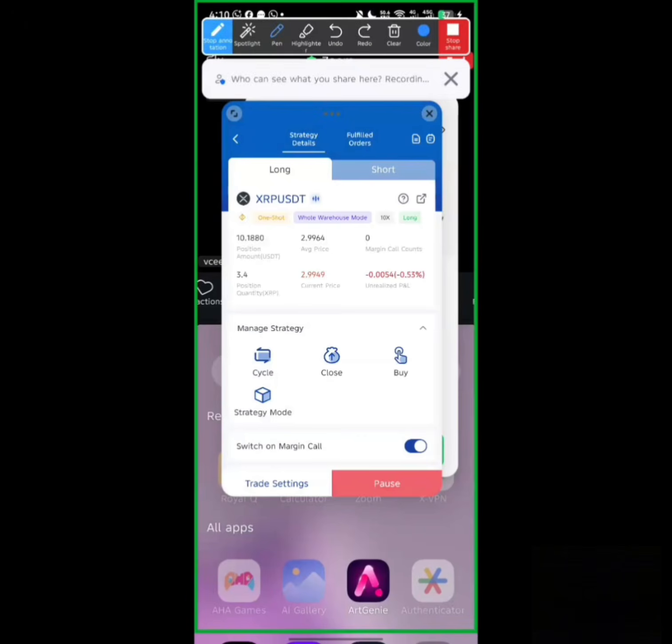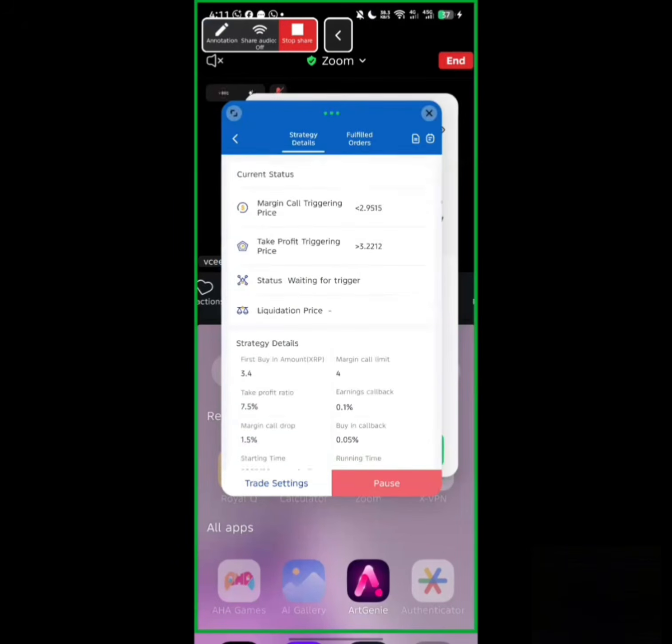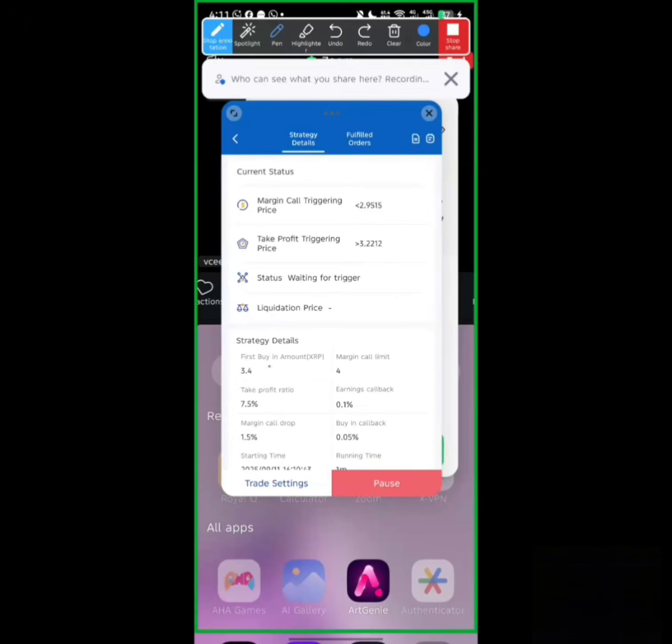Before, there was nothing on these pages, there was nothing in all these places. Do you remember? Now you have your position amount. The 3.4 that you saw down there, you can now see the math is working together.